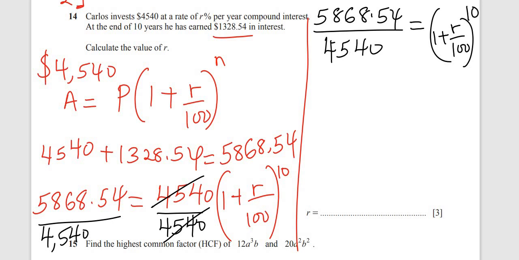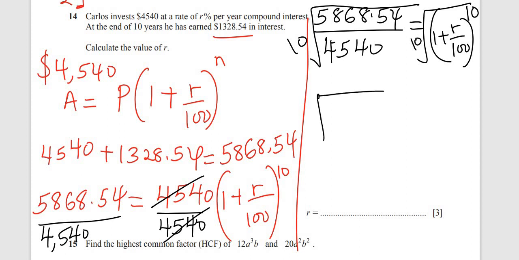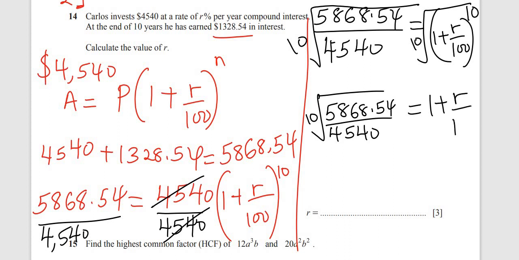Then we need to find the 10th root of both sides. So that way, the left side is going to be the 10th root of 5,868.54 divided by 4,540 is equal to 1 plus r out of 100.